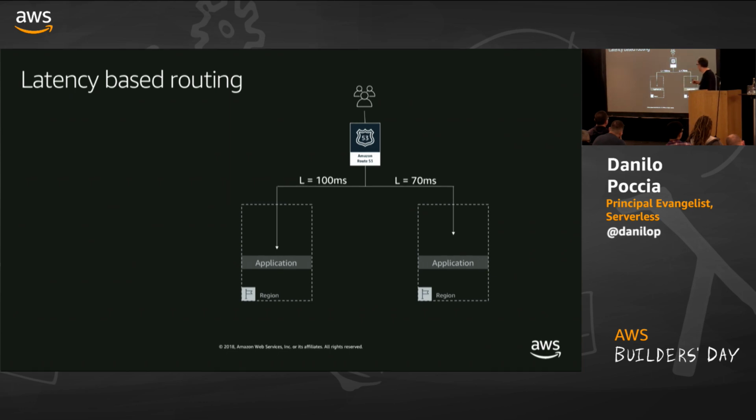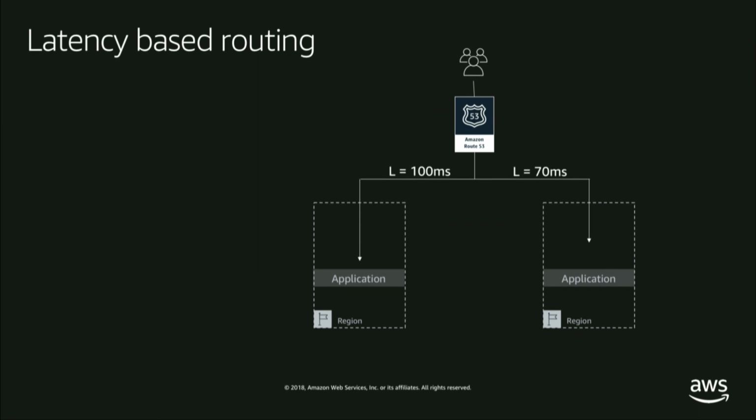We can automatically look at the endpoints, if they are AWS regions, and send the user to the region that has the lowest latency. This can sometimes create strange results, because the latency is different from the traditional geography. But it's very effective, because it's really sending customers to where they work better.